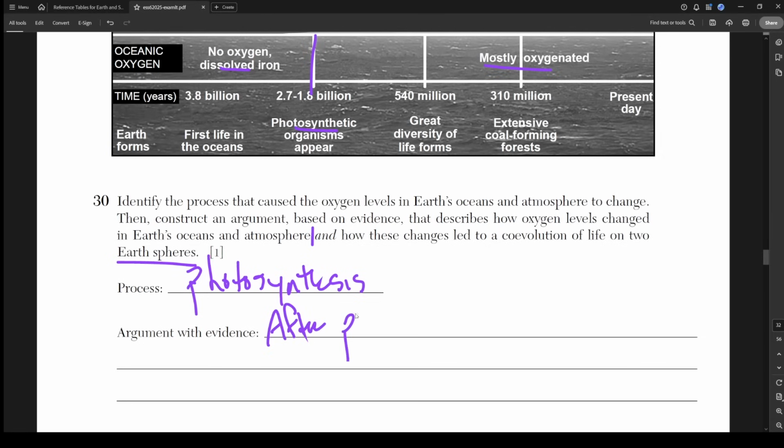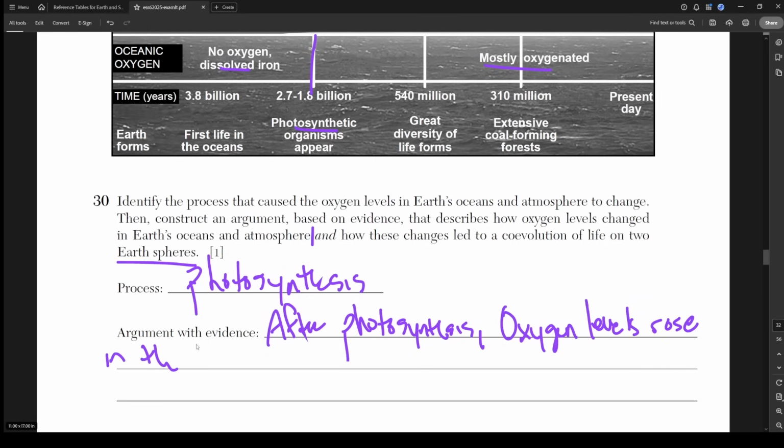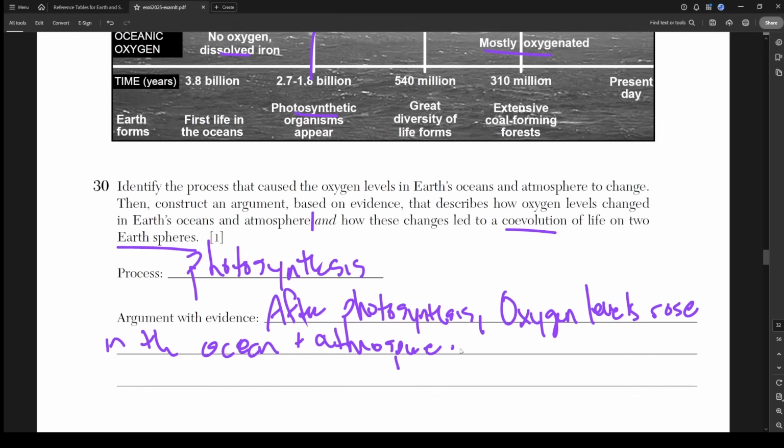After photosynthesis, oxygen levels rose in the ocean and atmosphere. And that's the first part. And how these changes led to a coevolution of life on two spheres of the Earth.